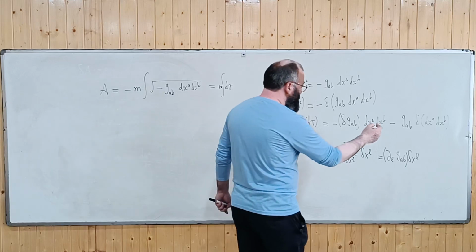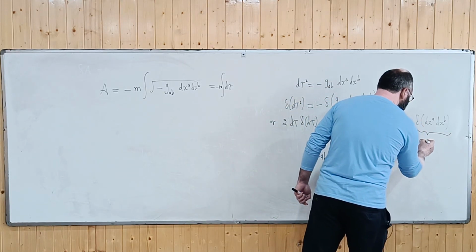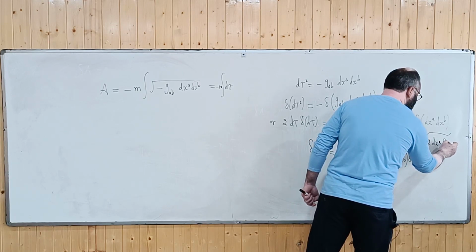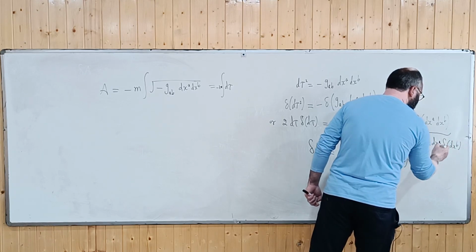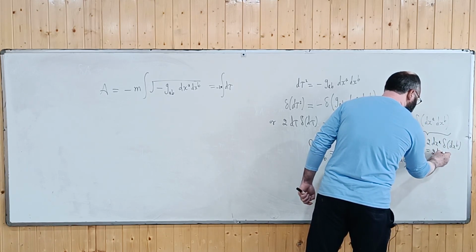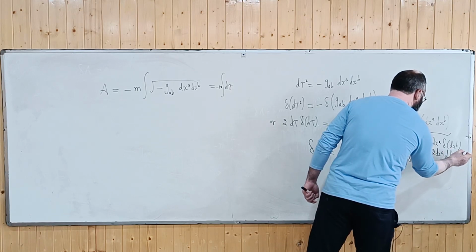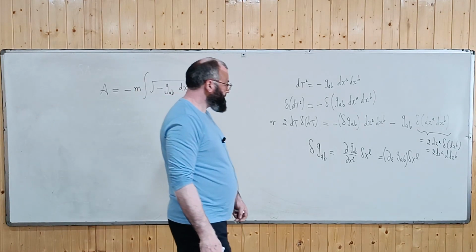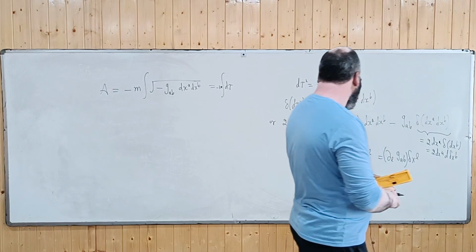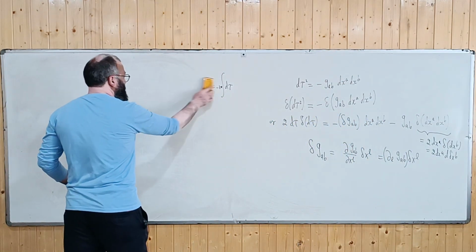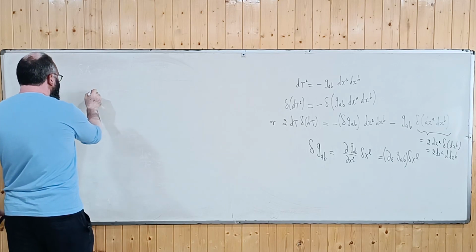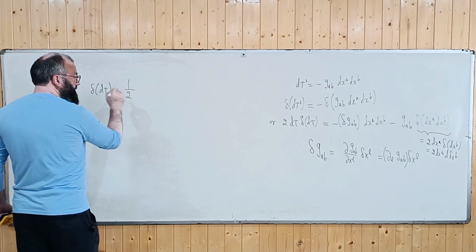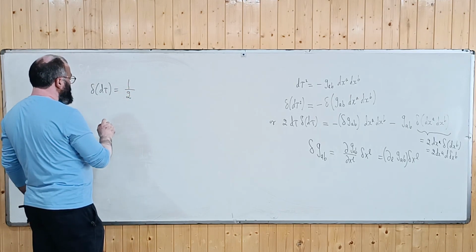So now what about this other term? This is twice dx^a delta dx^b. Can I write it? So this I can write as twice dx^a d of delta x^b. So now let's write this variation in tau.